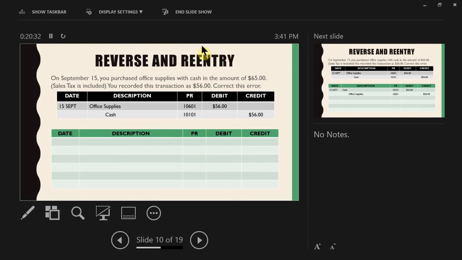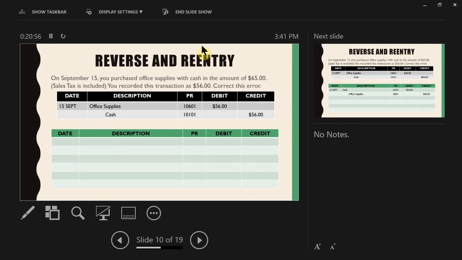So in this case, maybe you ran to the store, you went to the nearest location, and you made the purchase with cash. But when you come back, you're exhausted, or you place the receipt somewhere else, or you didn't look at your receipt, and you're like, oh shoot, I have to record this transaction. You record it, but you recorded it for the wrong amount. Okay?